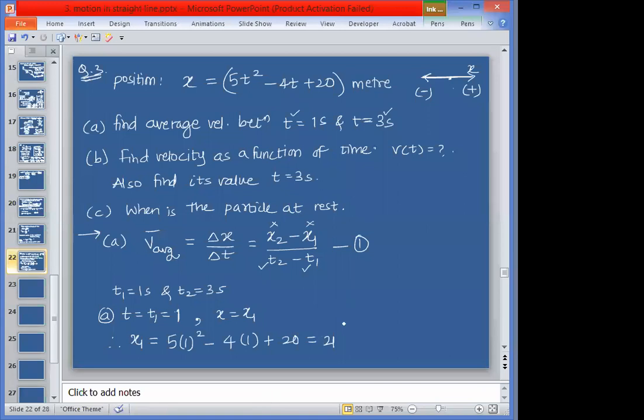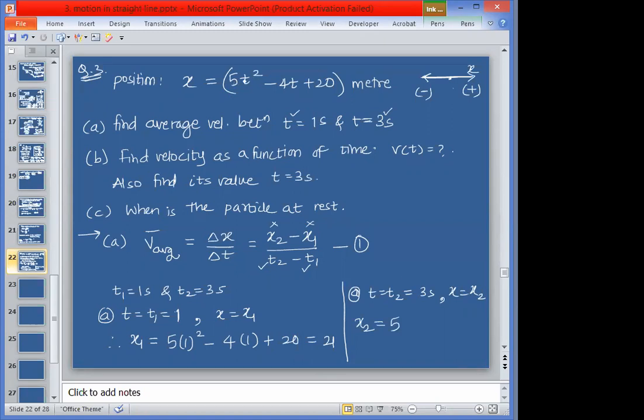Now let us calculate the final position. At time equal to T2, what is the final time? 3 seconds. What position will we take? We will take the final position as x2. So instead of x write x2. Final position is 5, and what is the final time? 3.